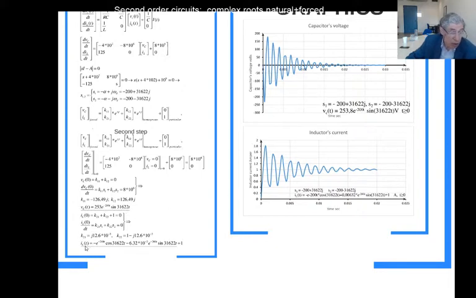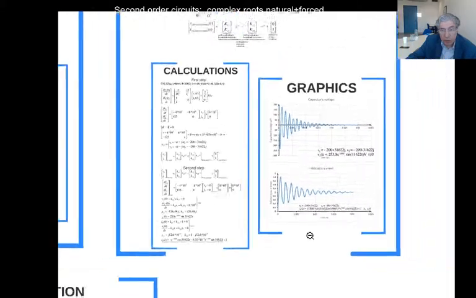But for the inductor current, this is not true, because it is going to end up with the value of the particular solution, which is 1. Here you are, the particular solution is 1. So that is the homogeneous part of the forced solution, which comes from the second equation here. So that is the graph we have for the forced solution.